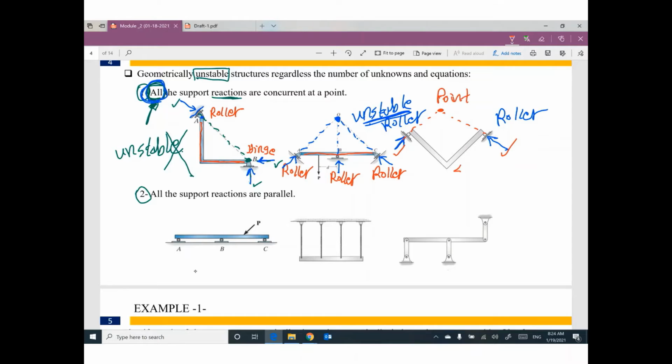So this structure will be unstable. So guys, regardless of how many unknowns or how many equations you have, the structure is unstable if all reactions are concurrent. Concurrent means they intersect at one point.